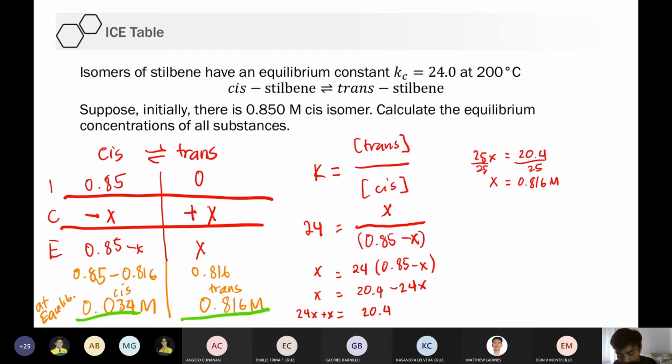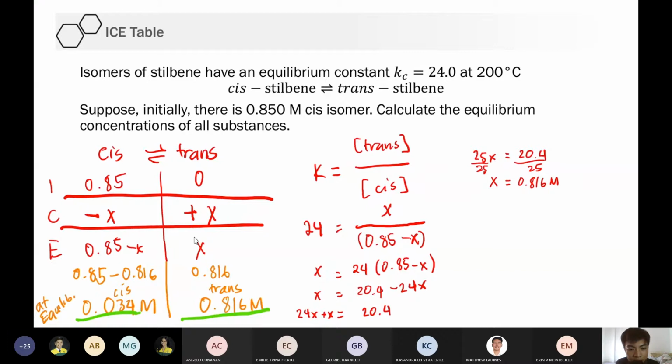Okay, So again, paano uli natin sinagutan tong problem na to? First, we write the ICE table. So dun sa ICE table, we substitute the values, the given concentrations, no? So kunwari sabi sa problem, 0.85 cis, edi lagay mo 0.85 for the cis.